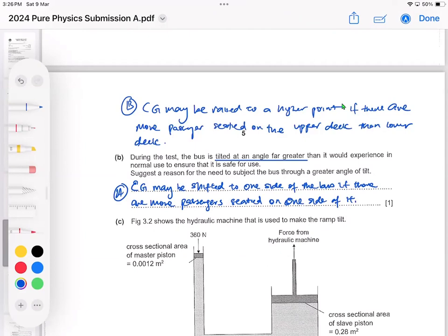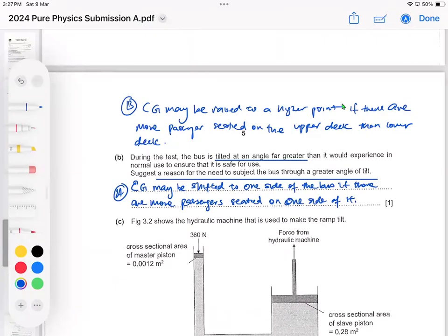We want to see if passengers sit on one side or the majority sit on the upper deck, how it will affect the stability of the vehicle. That is the reason why we need to test the bus through a greater tilt, to account for CG changes as the vehicle travels.